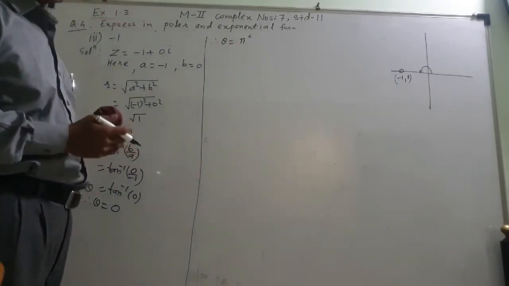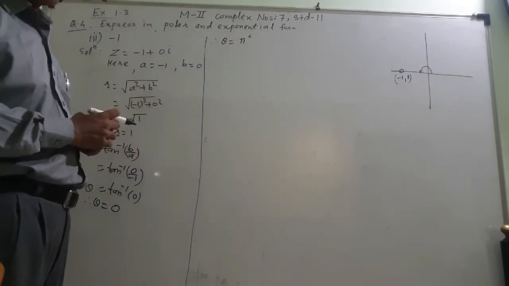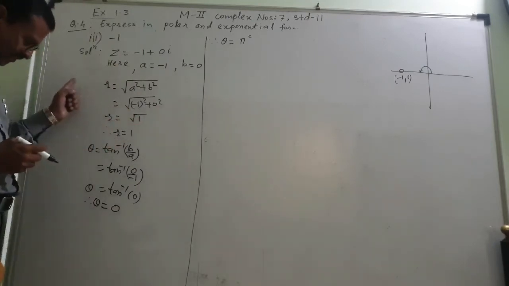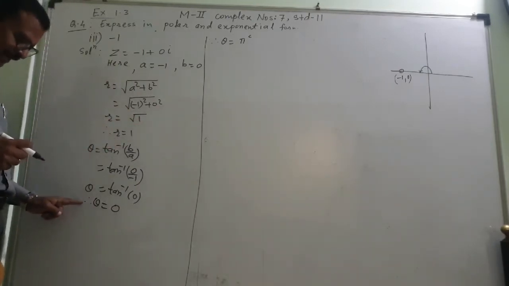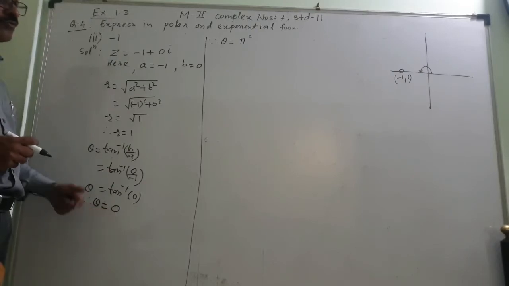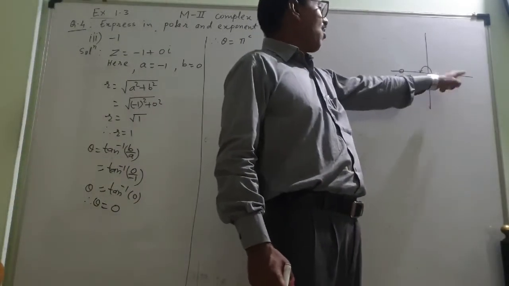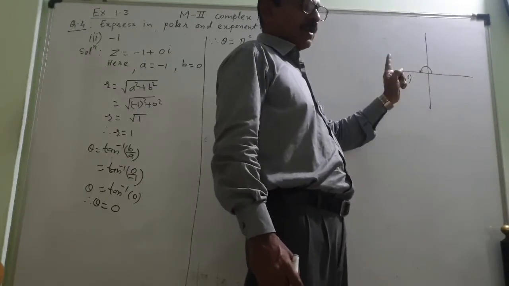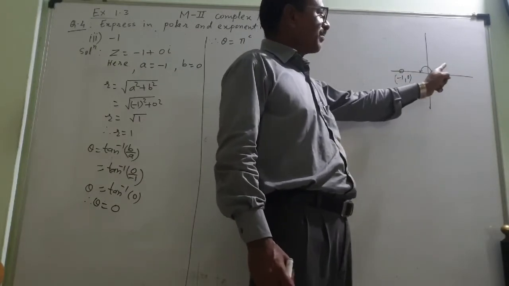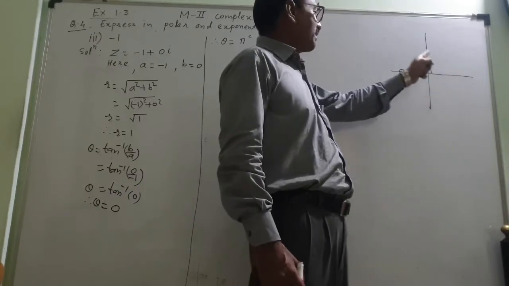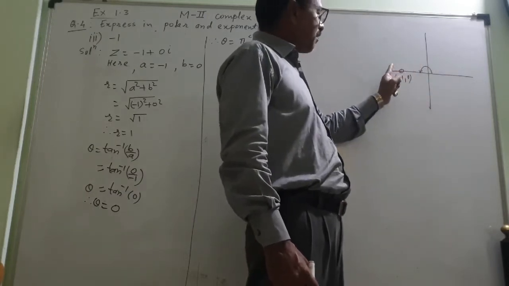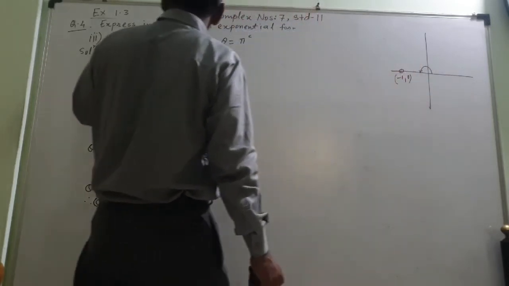Because we have to write the angles in radian. See this? First of all, I have found the tan. Tan is coming 0. Where is tan coming 0? Remember this. Either tan is coming 0 over here or tan is coming 0 over here. But our point is minus 1 comma 0.